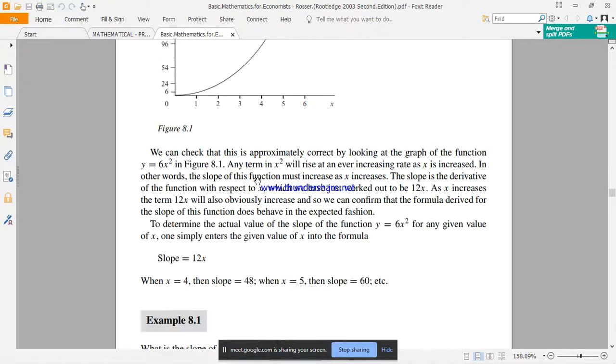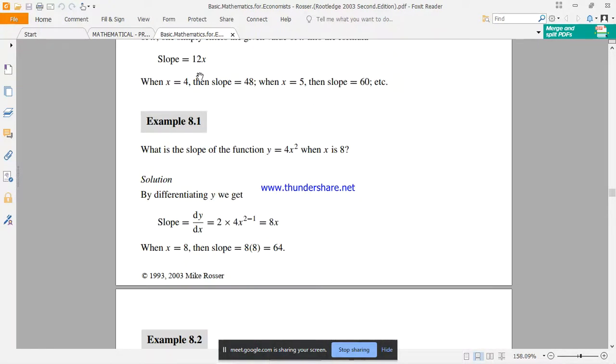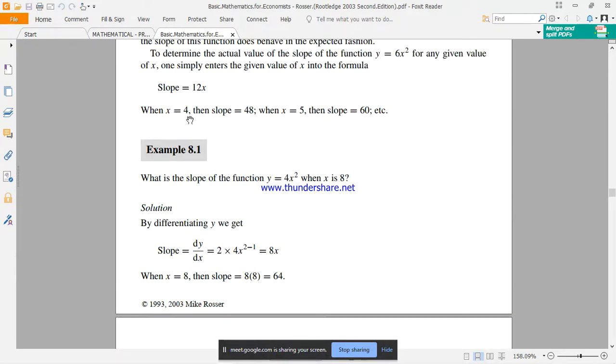So for example, when x is 4, the slope will be 48. When x is 5, the slope will be 60. That's what dy/dx tells us.